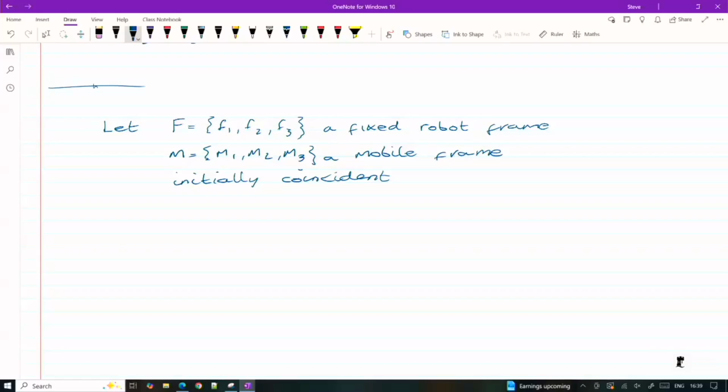We might then say we move the mobile frame 1 unit along Y. So that's 2 linear translations, and then we might say we then rotate the mobile frame through an angle. And the way we describe those angles is using a set of definitions called yaw, pitch and roll. Okay?